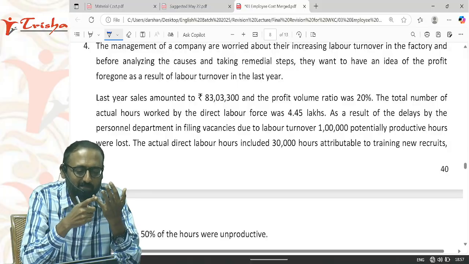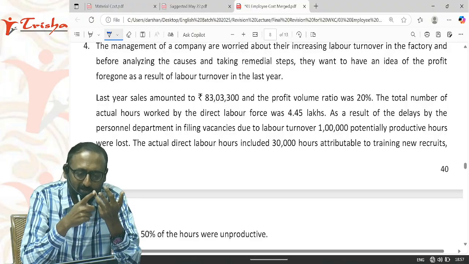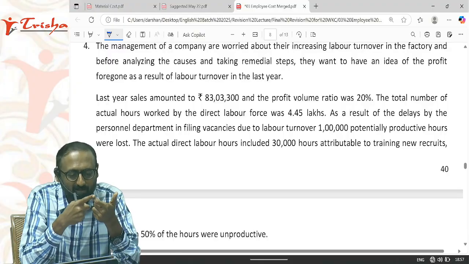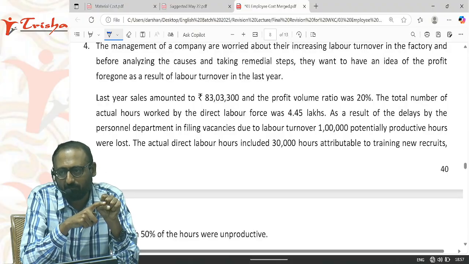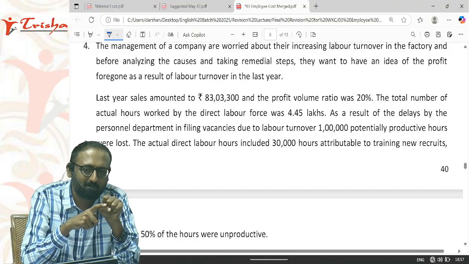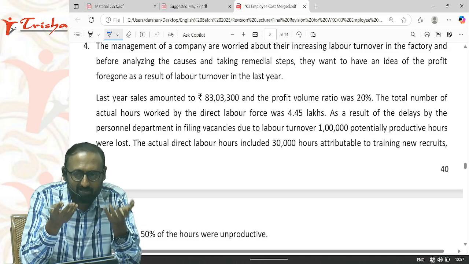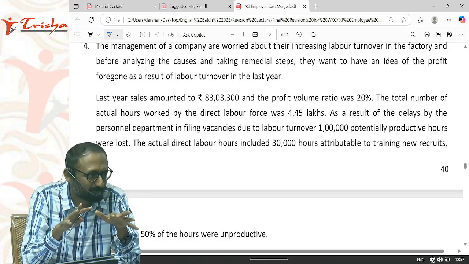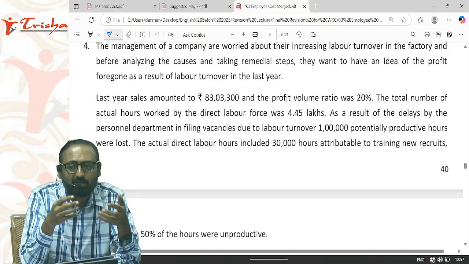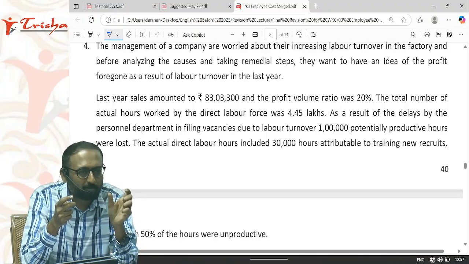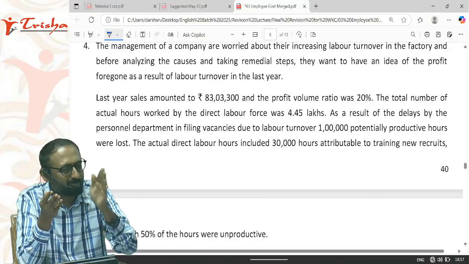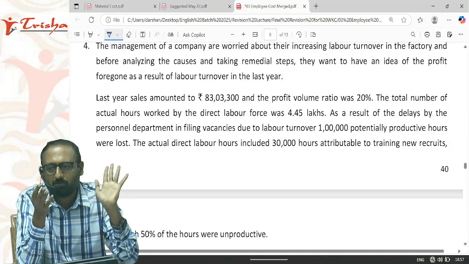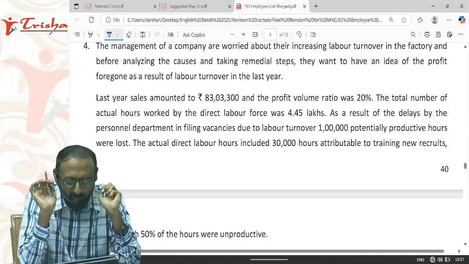So you'll have to consider settlement cost, recruitment cost, selection cost, training cost, and if the new worker produces any defective units, the defective rectification cost will be incurred. Then any time wasted in filling up the vacancy or during training, those hours will be lost. So your production, your sale and your contribution will be lost. All these points you'll have to consider.